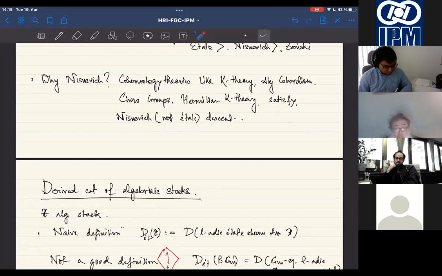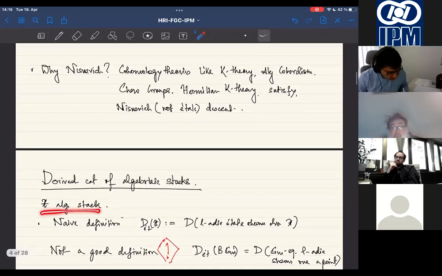To give a motivation of what is already done, you can study what happens for derived categories of algebraic stacks. So if I consider X to be an algebraic stack, I hope everybody is familiar with what an algebraic stack is.